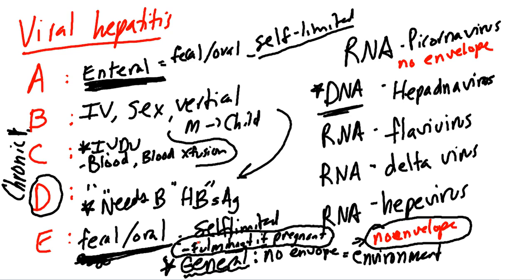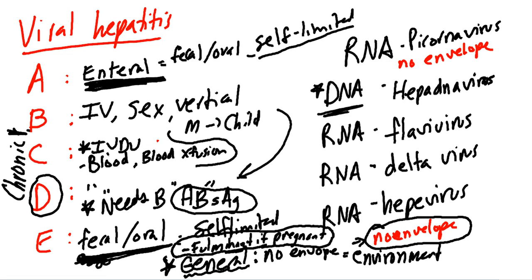Now it also goes on to say that her hepatitis B surface antigen is negative, and I'll cover all that later. All this HBsAg, HBeAg, all that fun stuff, I'll cover in the next slide. However, just realize that if she's negative for the hepatitis B markers, be suspecting hepatitis E, because that can lead to some serious liver damage.